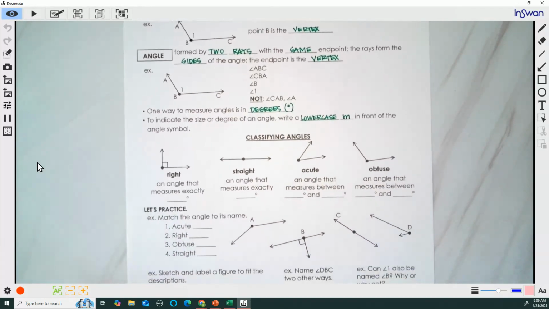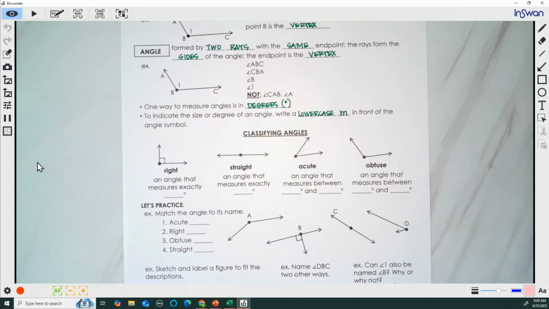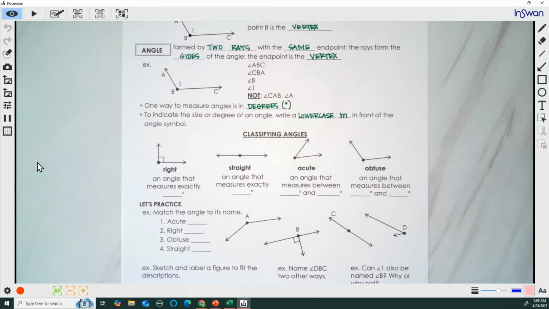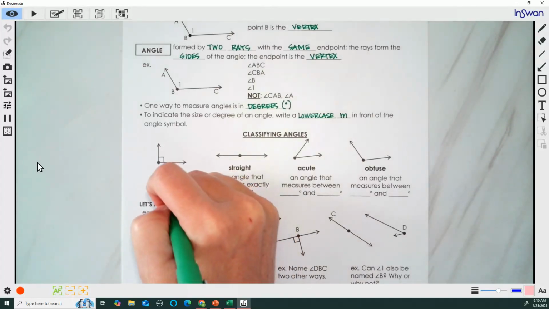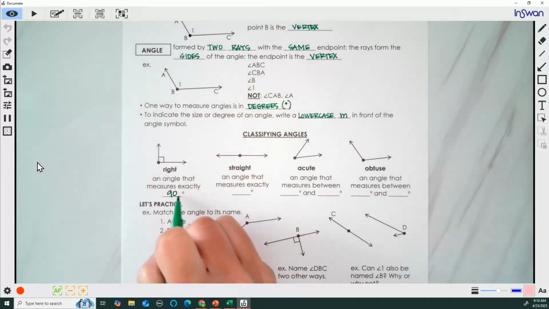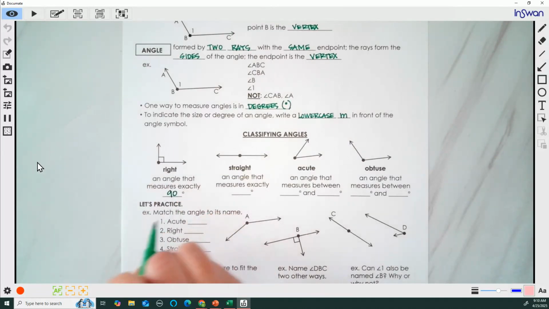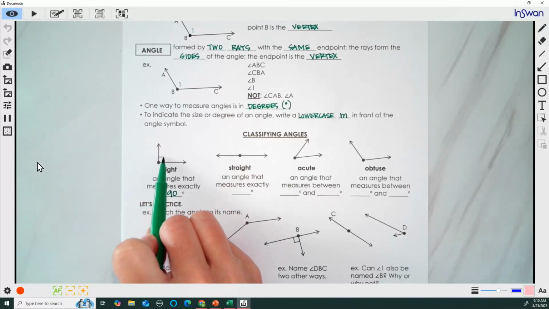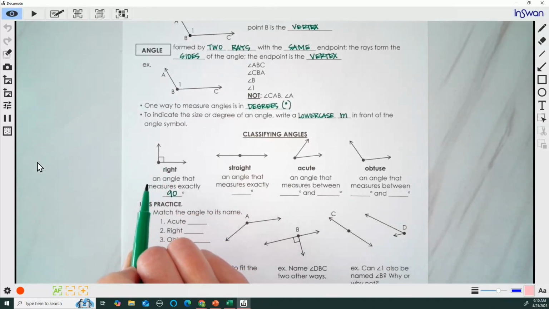Let's look at some angles that have varying angle measures and see how we can classify them based on their angle measures. Hopefully this is a review for you, but it's a good refresher. A right angle is an angle that measures exactly 90 degrees, and we've got our little circle here to indicate that it's in degrees. It is marked with the box in the corner to show you that it's a 90-degree angle.